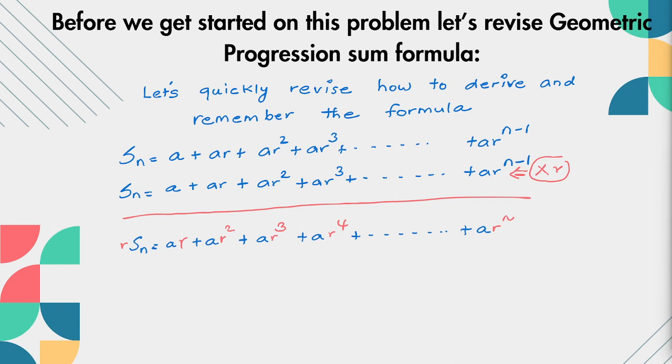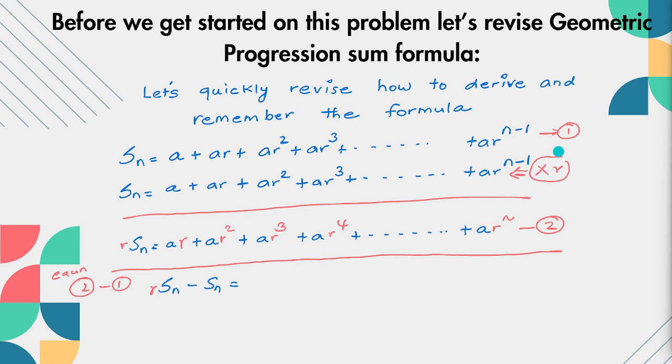And we're going to label this 2 and this 1. So this is going to be series 2, this is going to be series 1. And we're going to subtract series 1 from series 2, or 2 minus 1, or rSn, which is this, 2, minus Sn, which is this, 1.